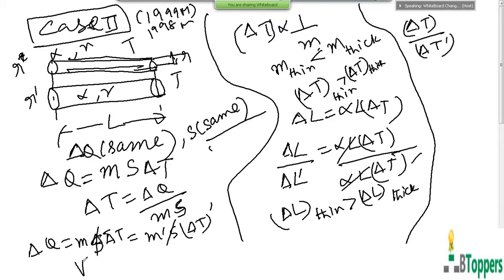Specific heat S is the same for both the rods because they are made up of the same metal. The mass of the first rod you can write as the volume of the first rod into the density of the material of the first rod. The mass of the second rod is the volume of the second rod into the density of the material of the second rod. Both the rods are initially at the same temperature and made up of the same material. Therefore, density is the same for both the rods at the initial temperature.